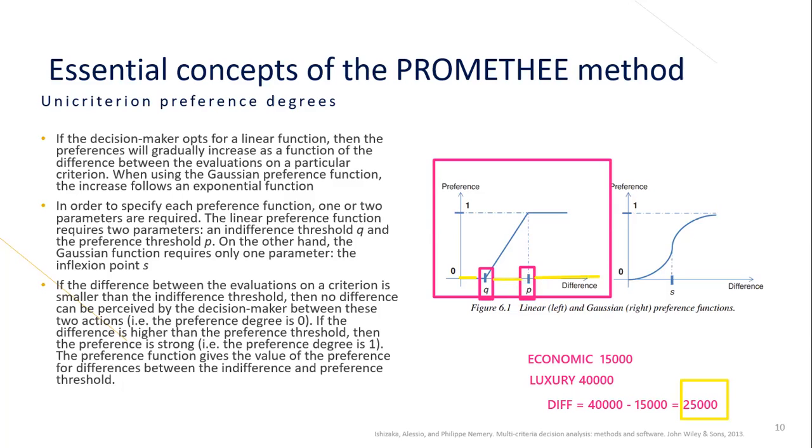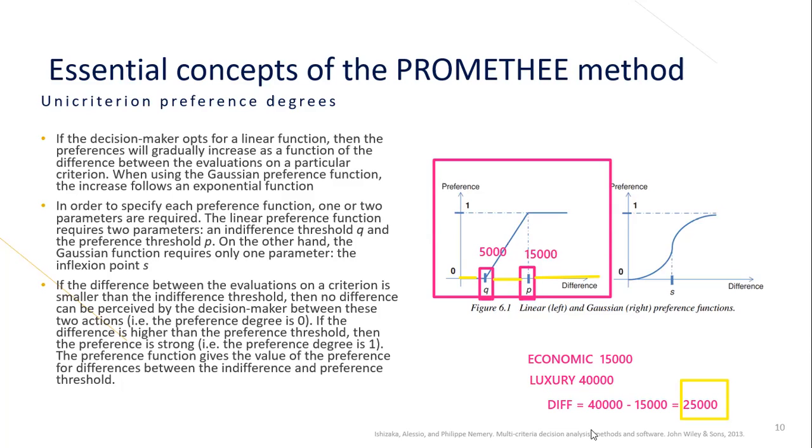This is another parameter that needs to be defined by the user of this method. Let's say Q is 5,000 and P is 15,000, for example.